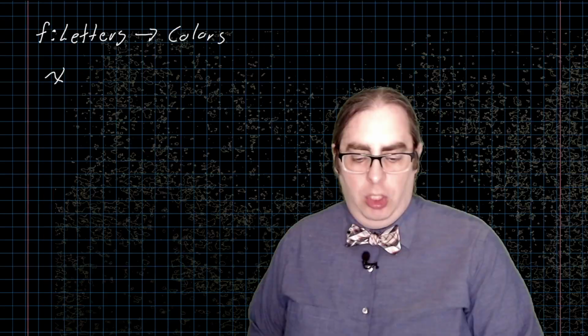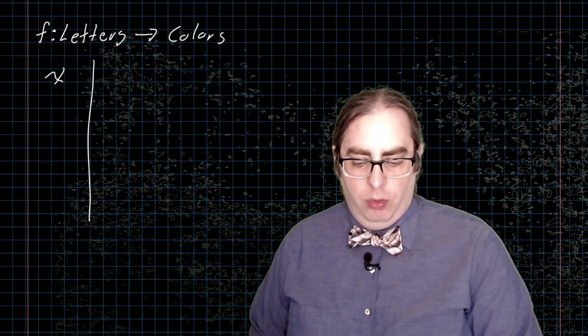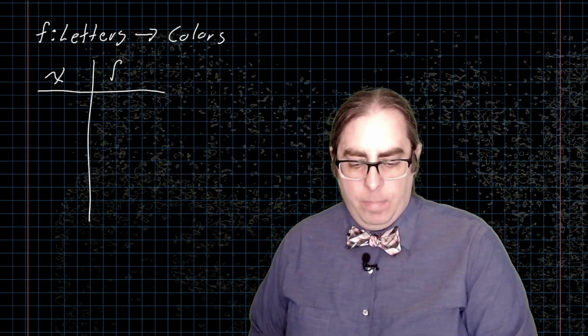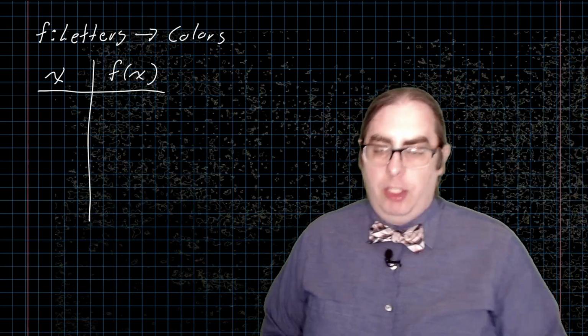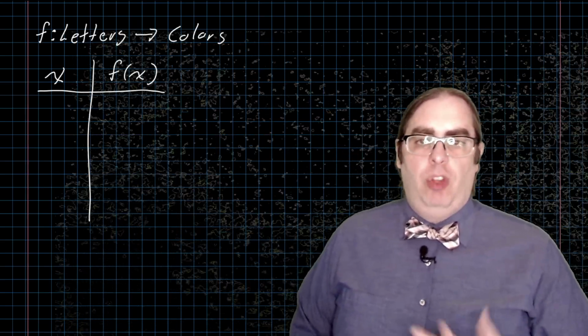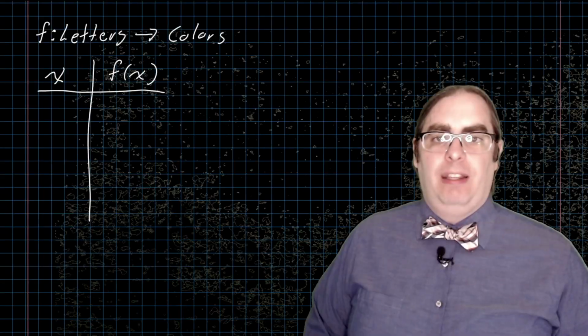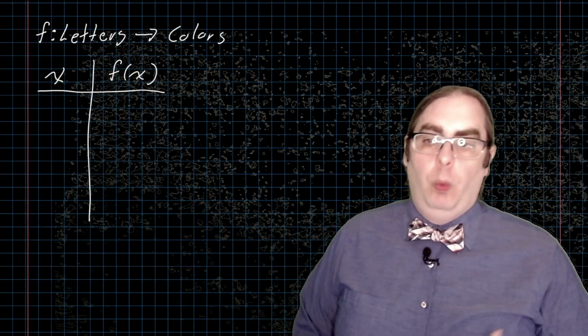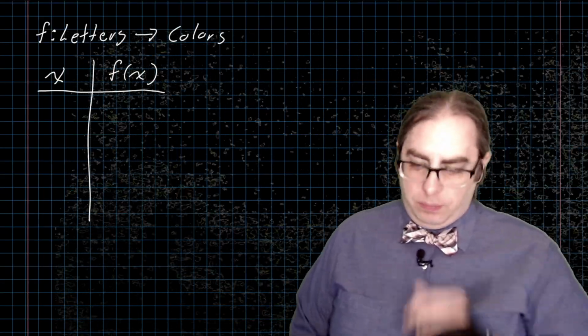So the domain of the function is going to be a set containing some letters, and the range of the function is going to be a set containing some colors.